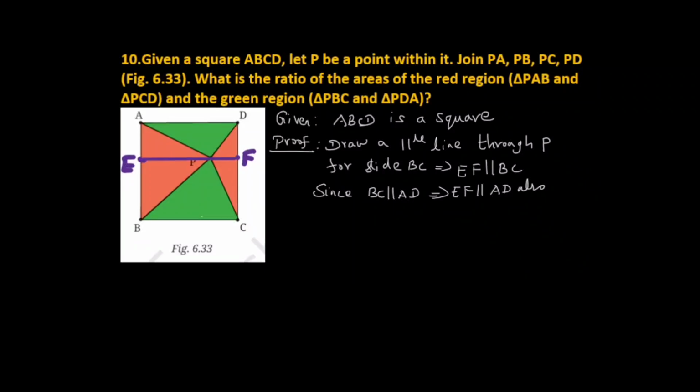Now consider the parallelogram. EF is parallel to BC means EFCB is a parallelogram.